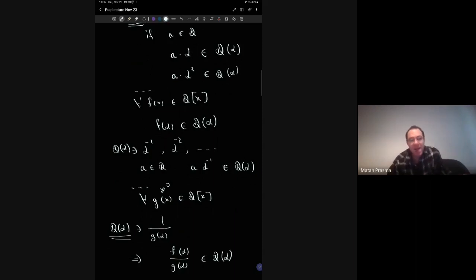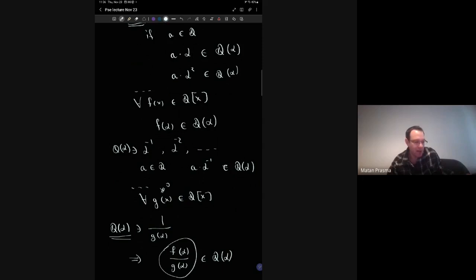So far, assuming that Q of alpha exists, I detected necessary elements that must be in Q of alpha. And I claim that this collection of elements, namely all the elements of the form f of alpha modulo g of alpha, are a sufficient list of elements so that Q of alpha will be a field.